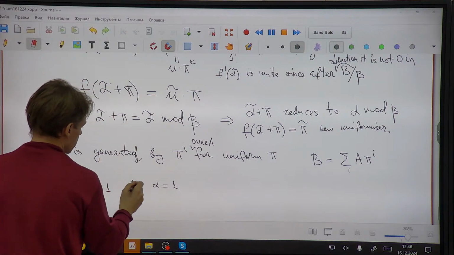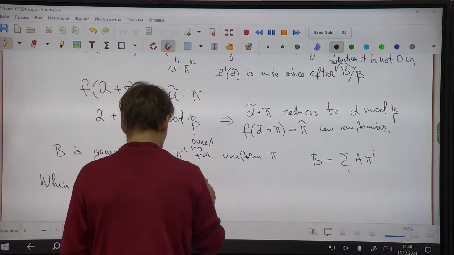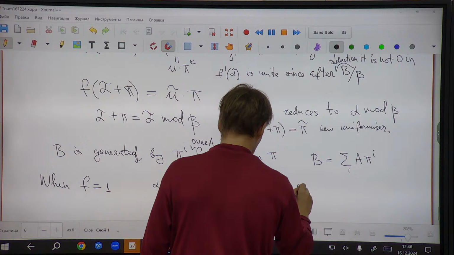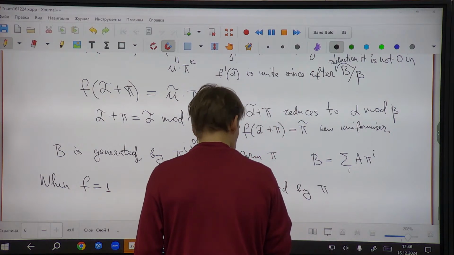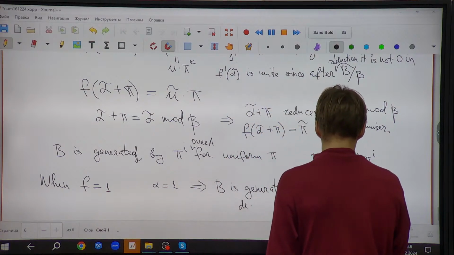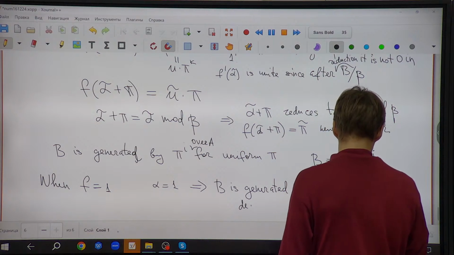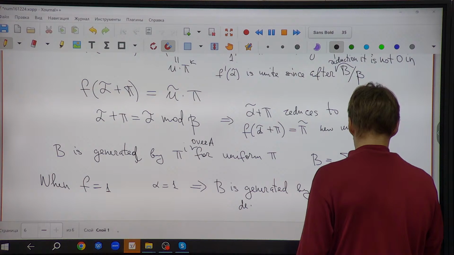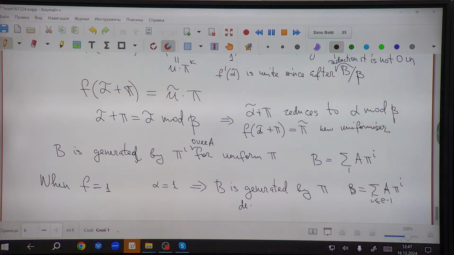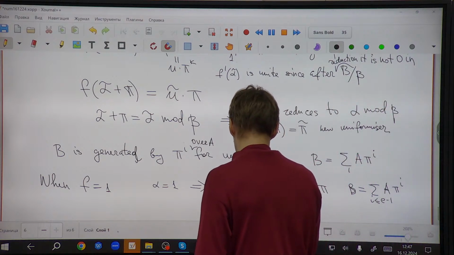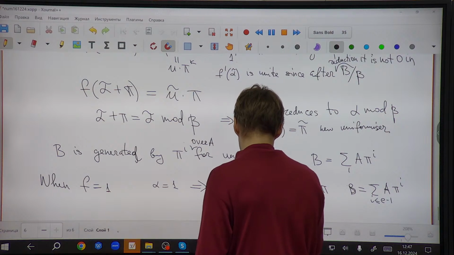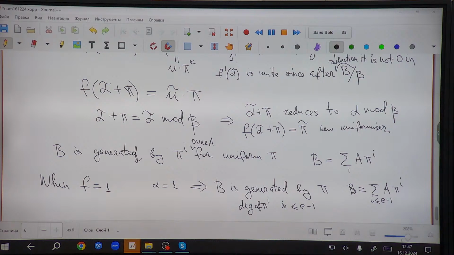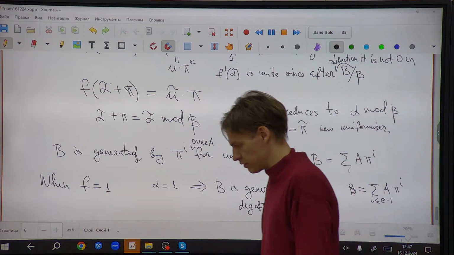And so this implies that in our case B is generated by p, and the degree i is less than or equal to e minus 1, in order to generate B. So this explains why we have reduced to the case when you have discrete valuation rings.